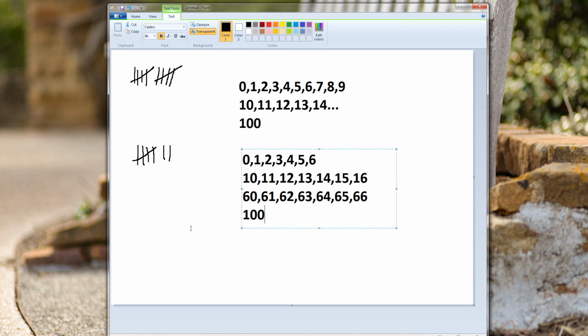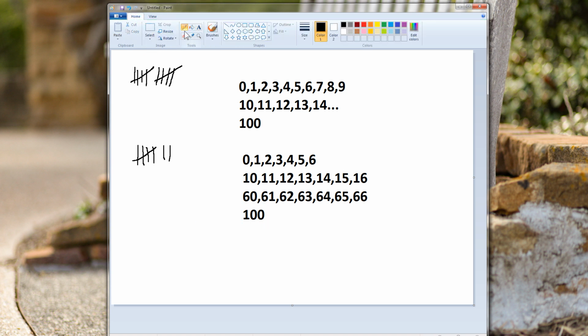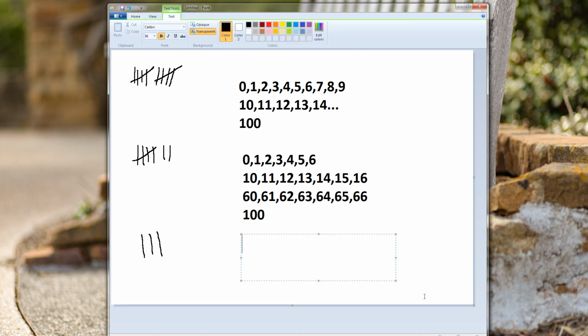Okay? So in a base 3 number system, we have 3 numbers, and then we start counting again. It would look like this: 0, 1, 2. And then we would start counting 10, 11, 12, again, in theory, if we were still using the same numbers right here.